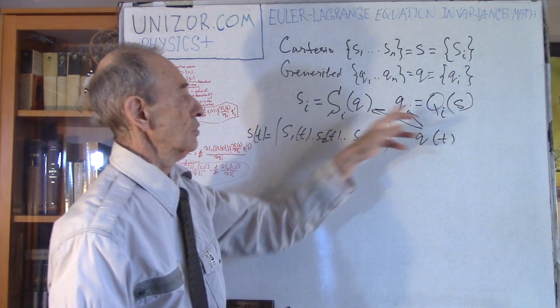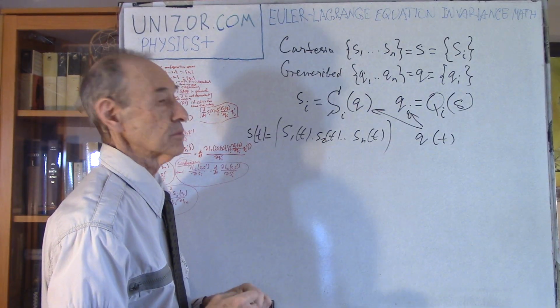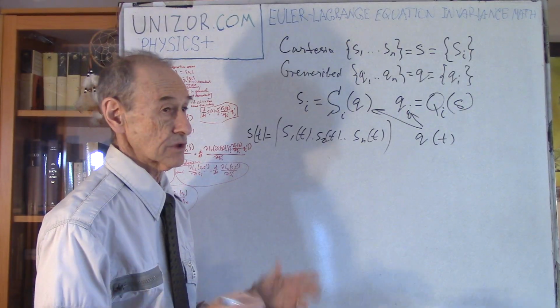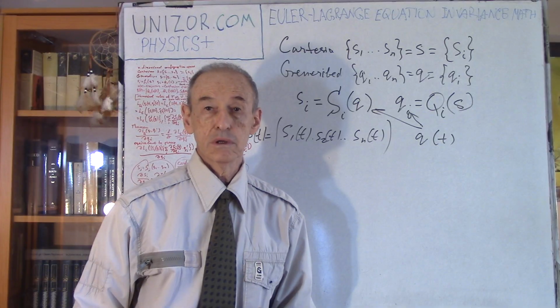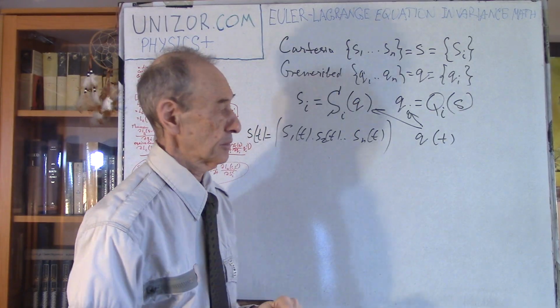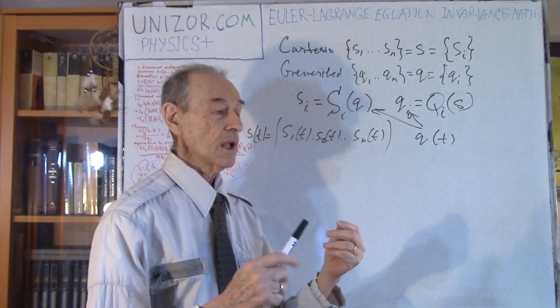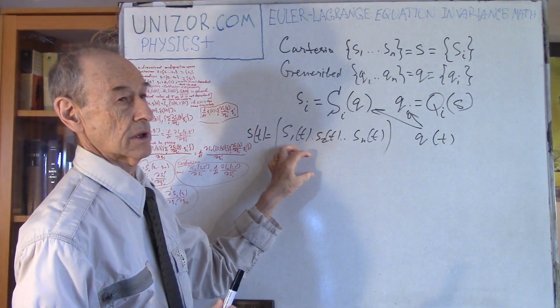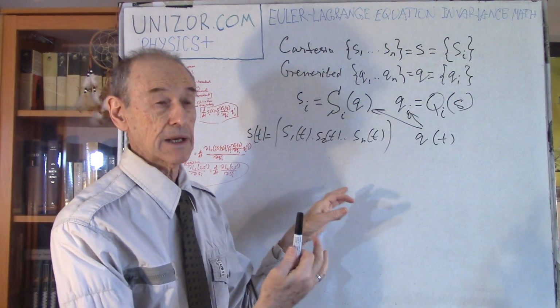And these two sets of coordinates describe exactly the same physical trajectory, if they are related by these particular transformation functions.